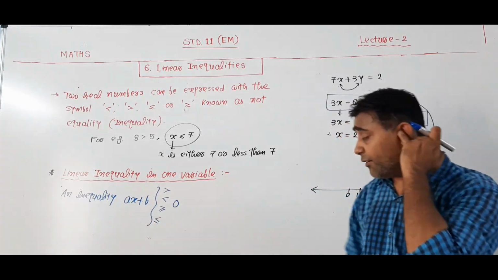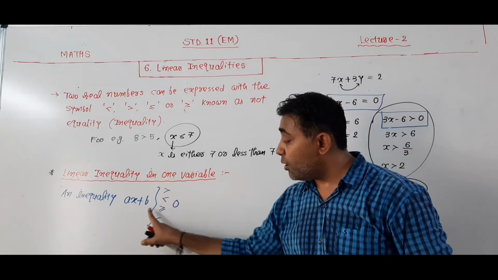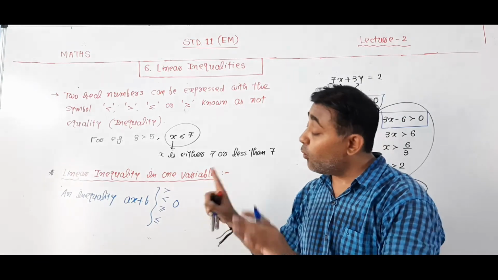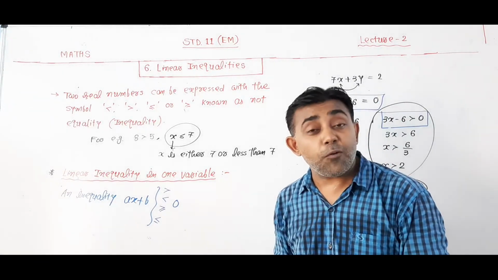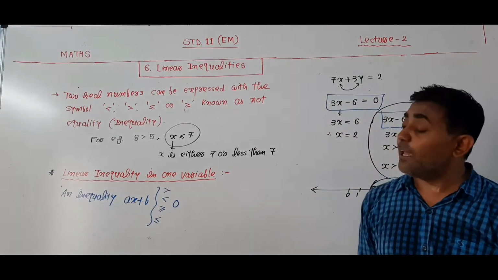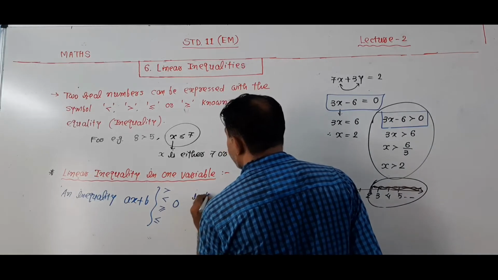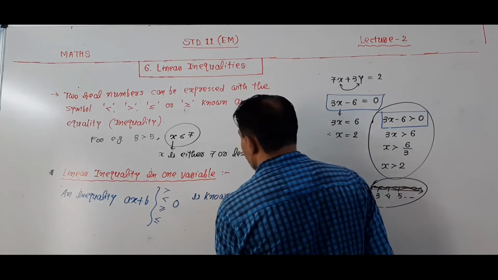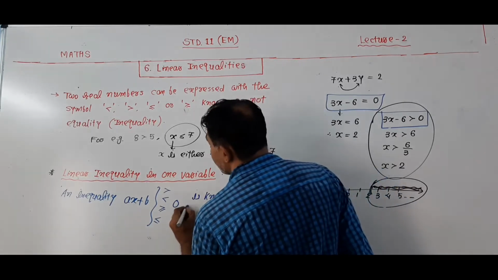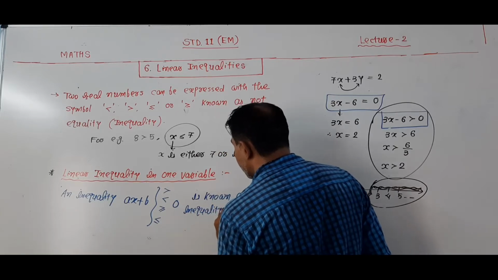But for inequality, either ax plus b is greater than 0 or less than 0 or greater or equal to 0 or less than or equal to 0. So all 4 types of inequality I write in one row. So an inequality ax plus b like this is known as a linear inequality in one variable.